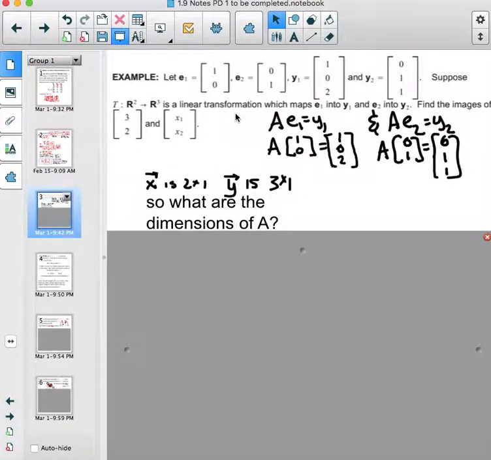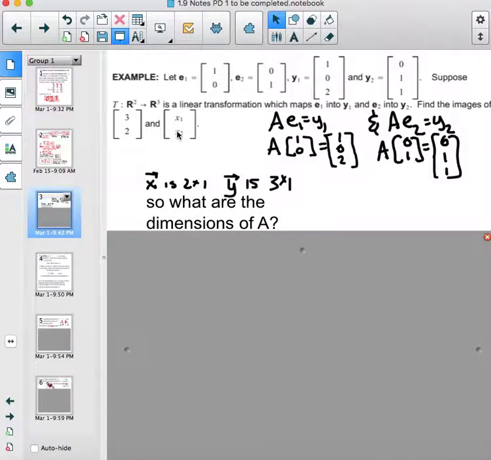So your turn. Here's E1 and E2 as usual, and then here's two column vectors in R3. So T is a transformation from R2, these are the inputs in 2 dimensions, onto all R3, the inputs in 3 dimensions. And we're going to do two different images. One, find the image of the transformation of 3, 2 into a vector.